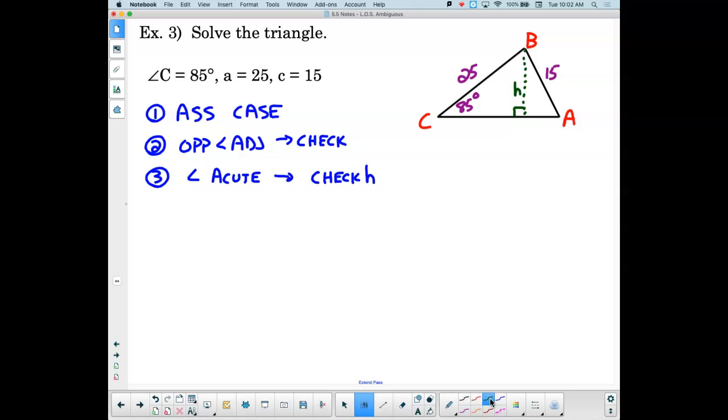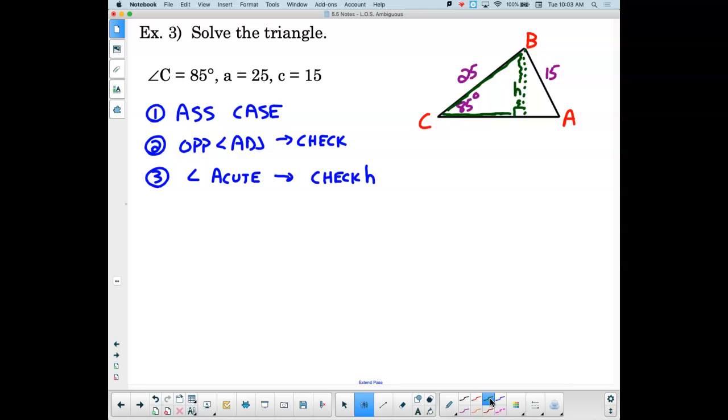No. SOHCAHTOA. Am I going to use SOH, CAH, or TOA? Using that triangle, I'm going to use SOH.